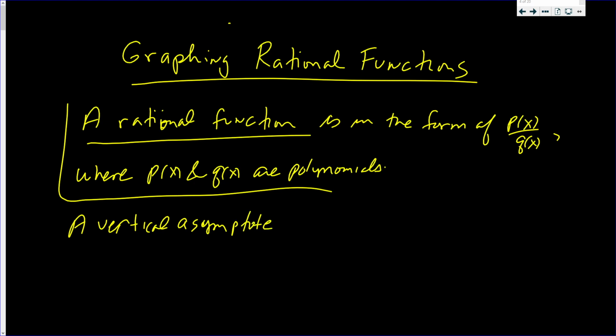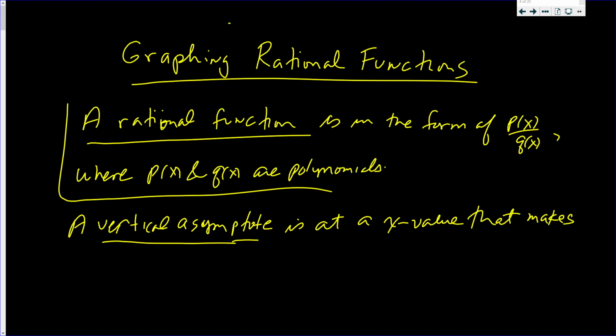A vertical asymptote is at an x value that makes the denominator equal to 0, but the numerator is not 0.